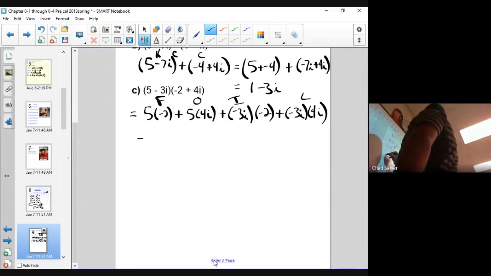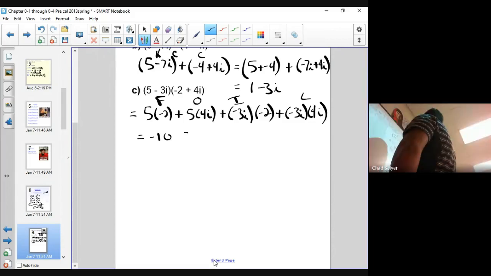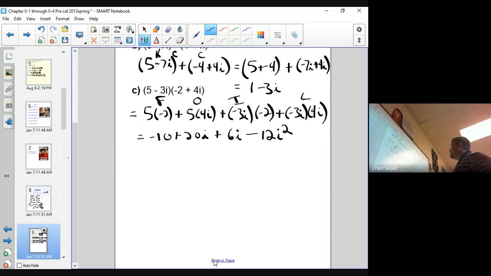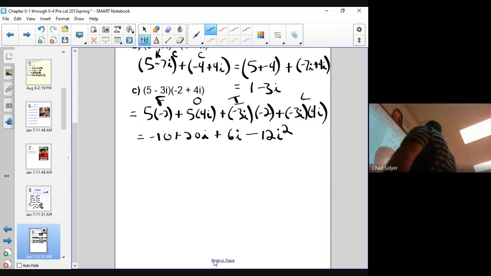All right, negative 10 plus 20i. Negative times a negative is positive, plus 6i. And then negative times a positive here is going to be negative 12i squared. i times i is i squared. And remember from that previous section, i squared is negative 1.